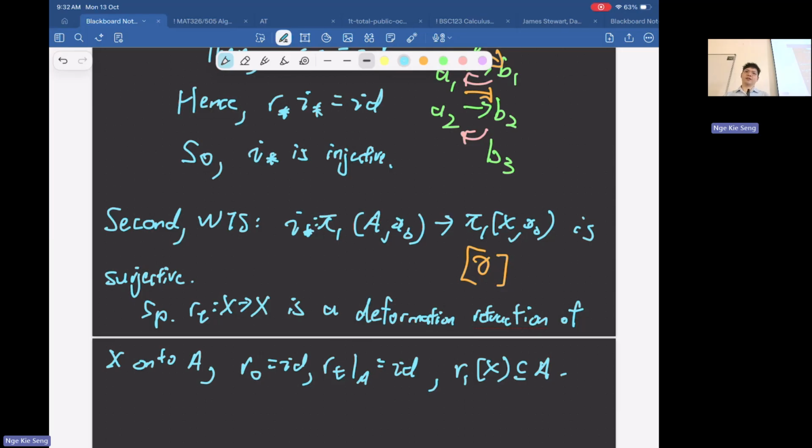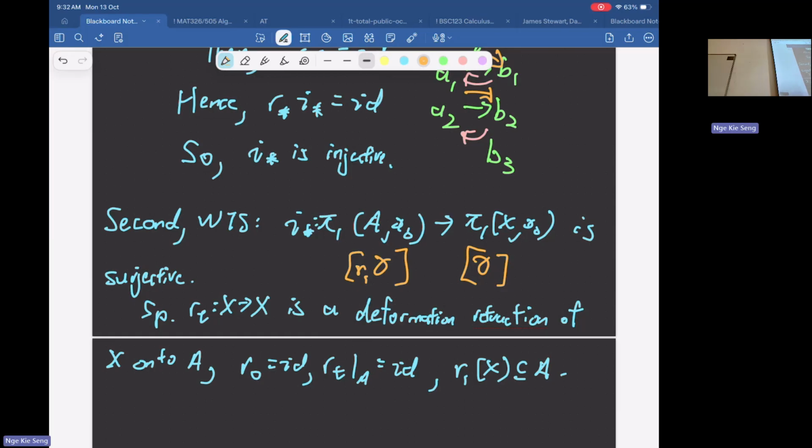If x0 is another point, then we need to maybe do some conjugation or something like that. Well, you can consider r1 of gamma, because r1 will map your X to A. Moreover, these two are actually the same loop.